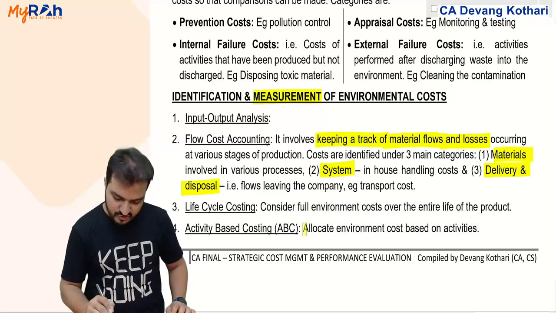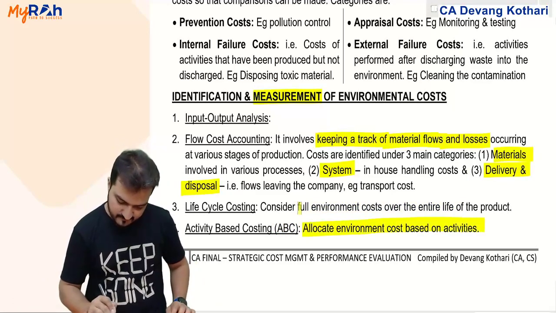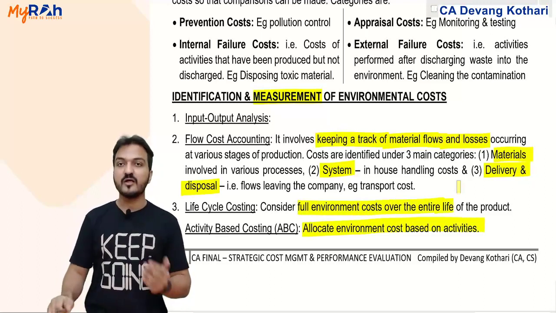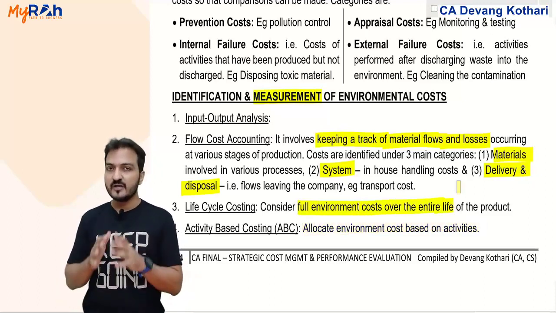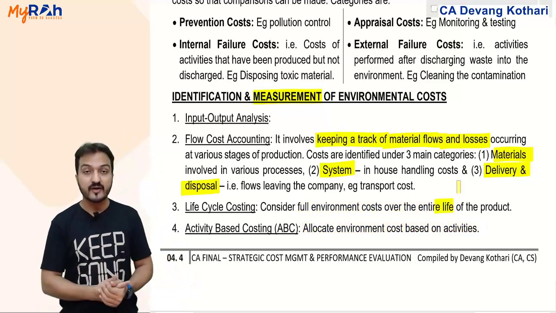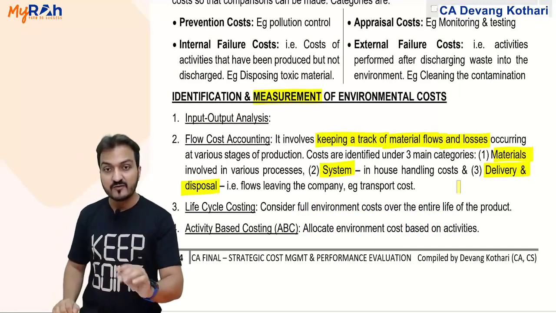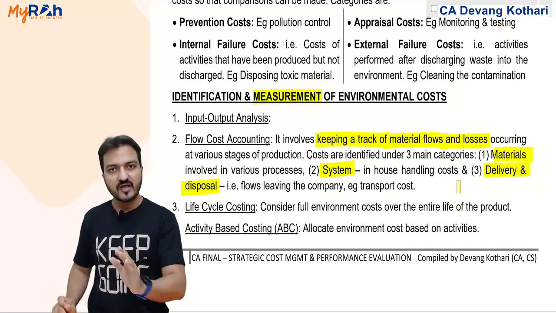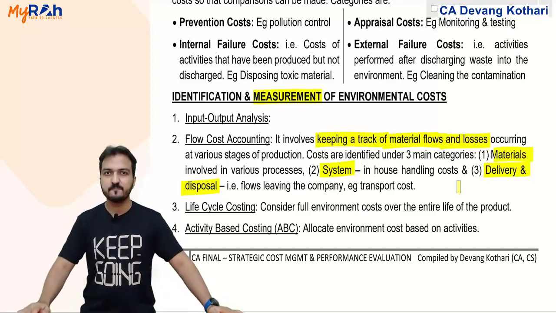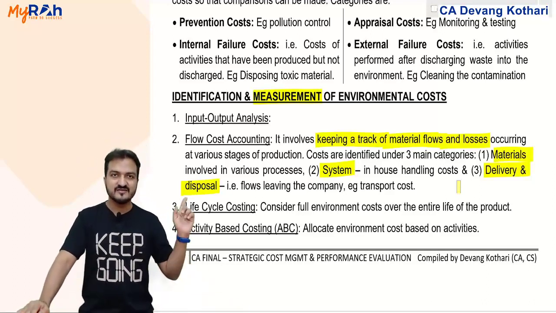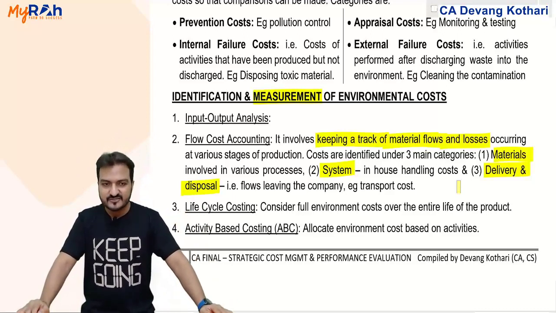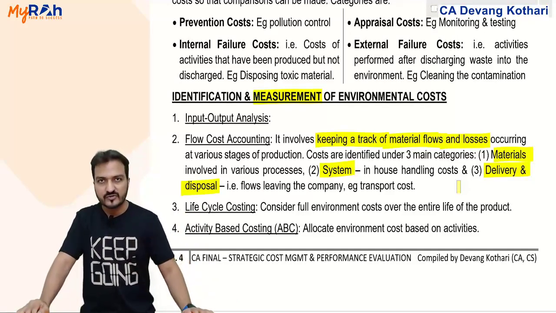This is the one for which you will get practical questions. You allocate environmental cost based on activities rather than based on the routine absorption rate. Only then can you identify the correct environmental cost of each product.